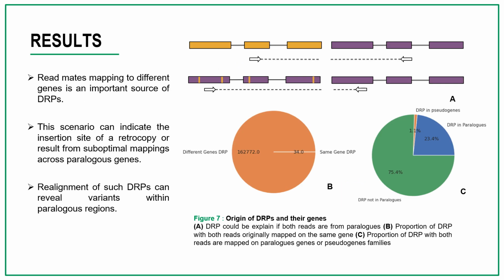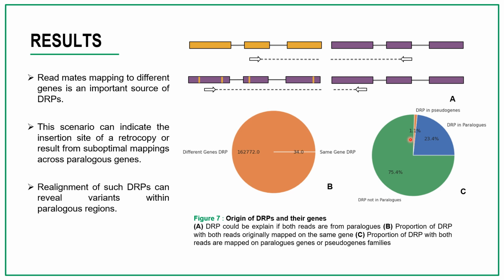Lastly, we did a little statistical analysis to see if the two reads of our DRPs came from the same genes or different genes, and if they were coming from paralogs or high homology genes such as pseudogenes. We can see that almost none came from the same genes, and about 25% of the DRPs have two reads that came from paralogs of one another or a pseudogene of its mate.